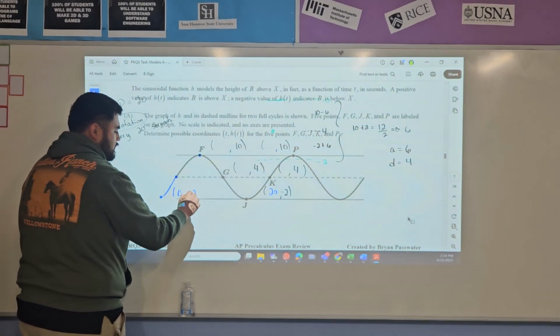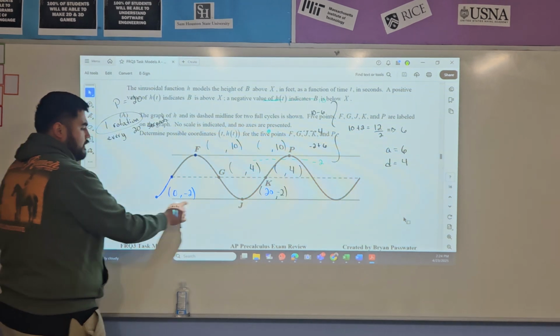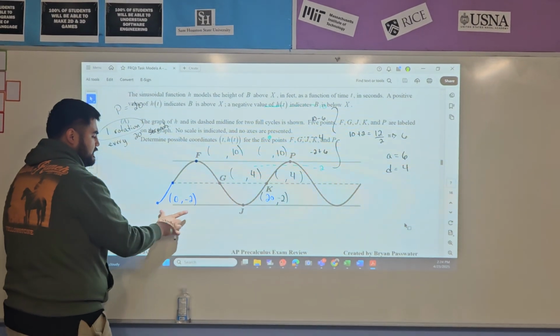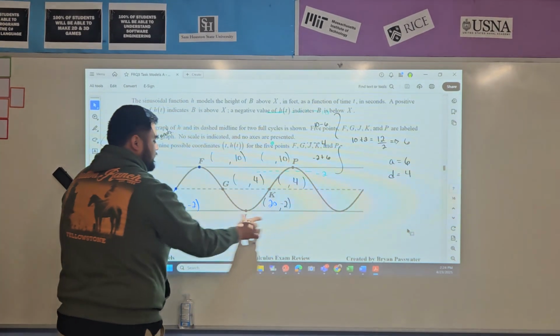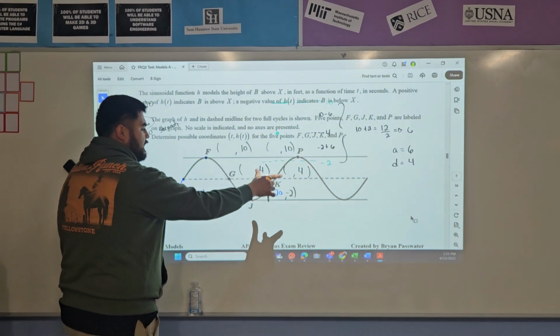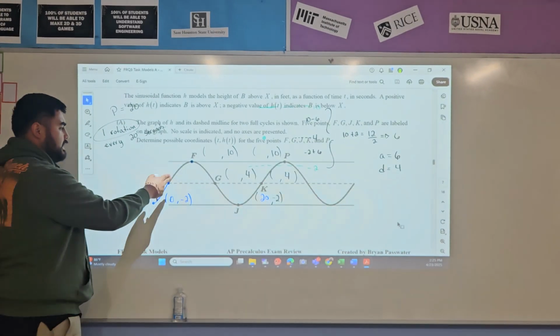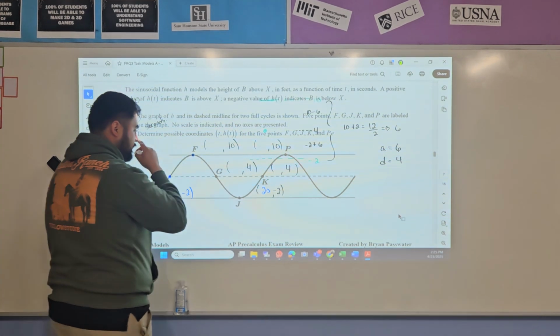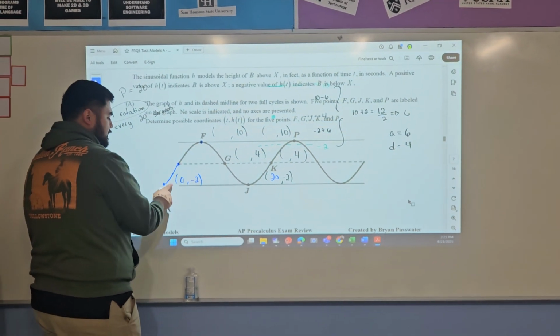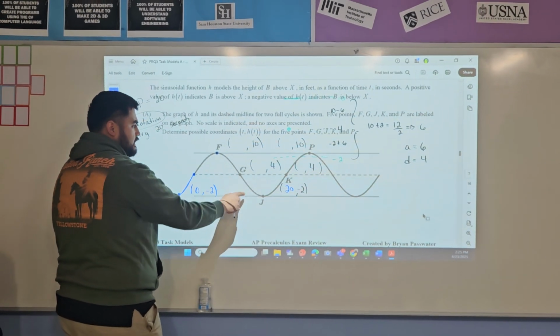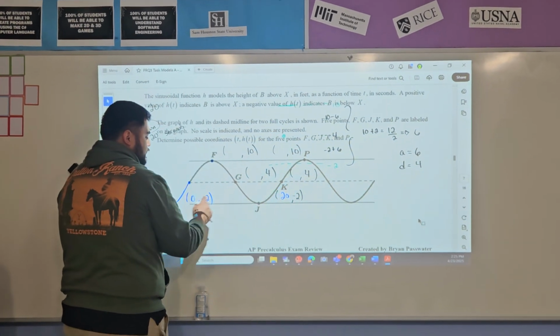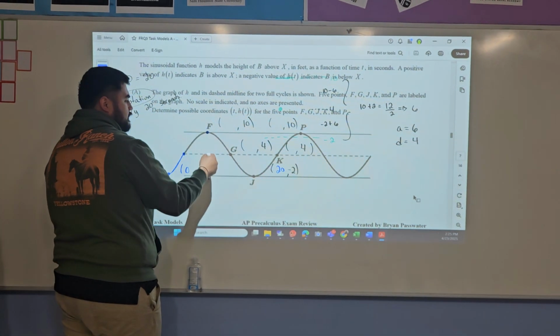My Y is going to stay the same. But from here to here, that is one cycle, because if I take this, copy, paste it, right, that's one period being repeated. So now, how do I figure out the rest, right? Because I still need F, G, K, and P, right? So when I look at F, it is between the one we drew and J. It's right in the middle. So think about it, if I go from 0 to 20, what's half of 20?